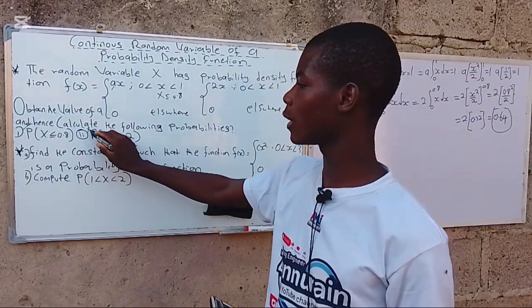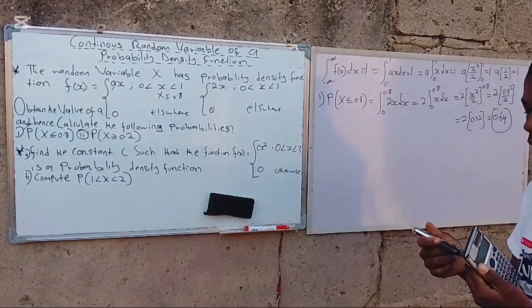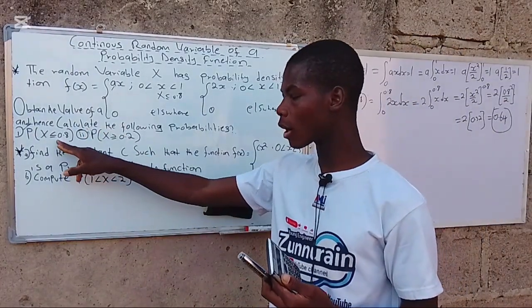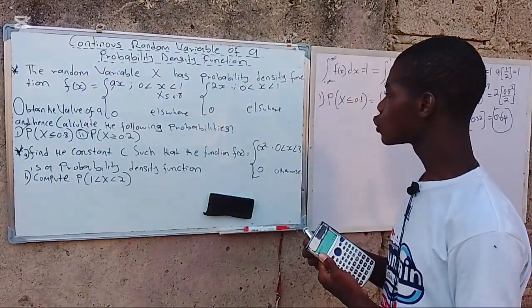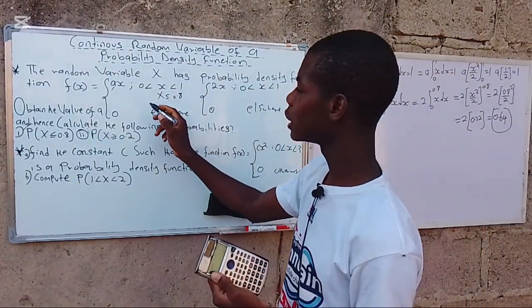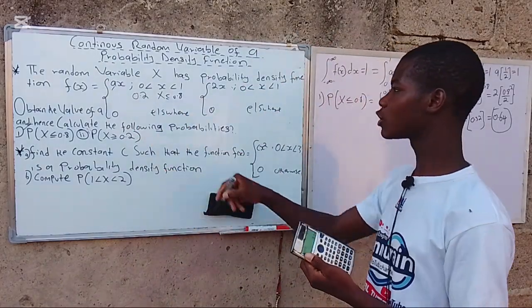Now I'm going to deal with the second one. As you can see, the first was less than or equal to 0.8, and this one is greater than. When it is greater than, 0.2 is the lower limit and the upper limit is 1.